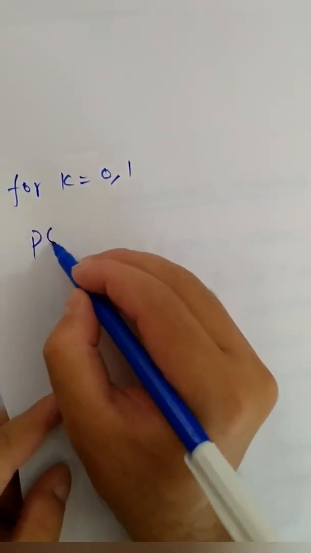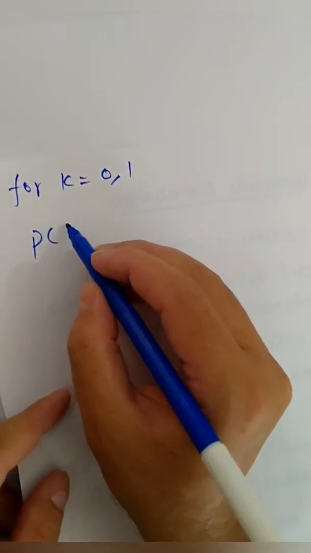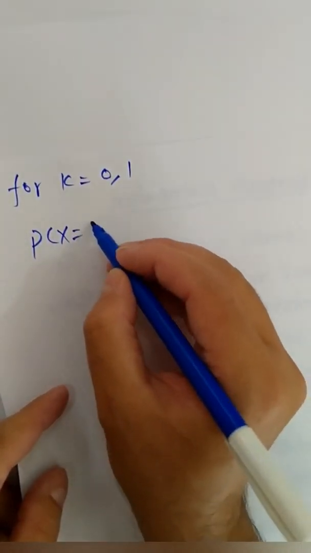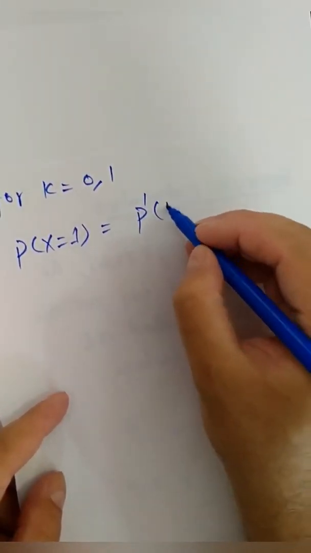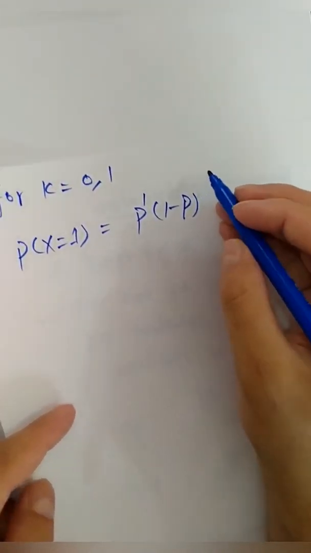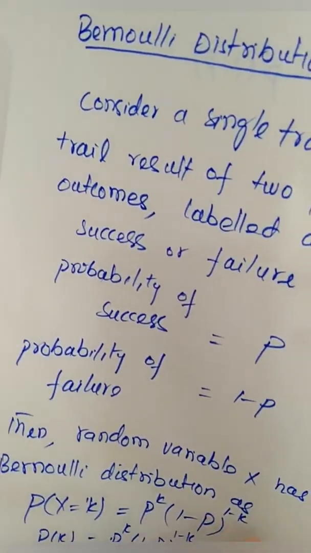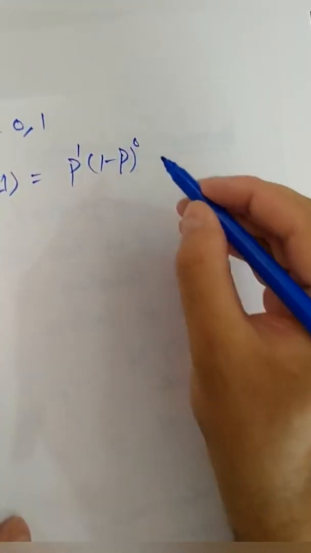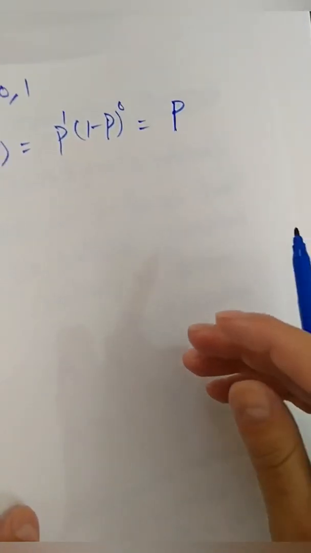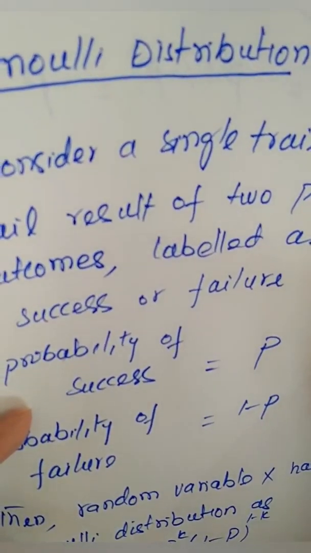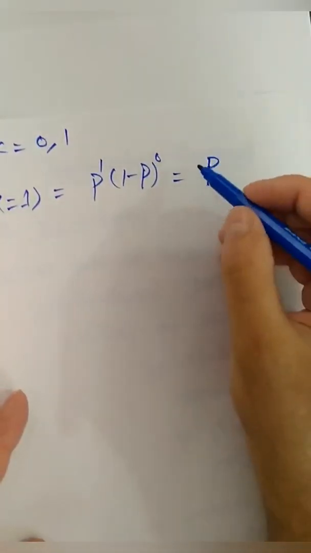When k is equal to 1, then the probability of success would be p of 1 minus p raised power 1 minus 1 would be 0, so you will get the probability of success. या probability mass function जो है that is p.